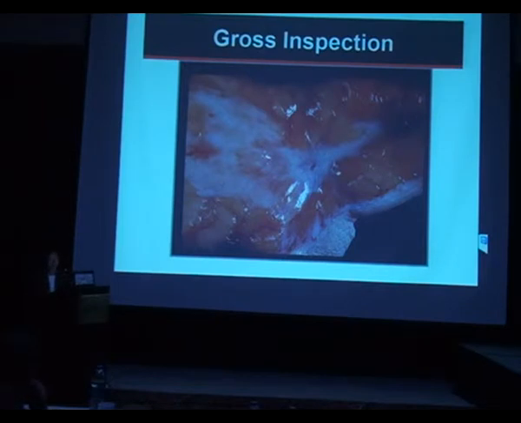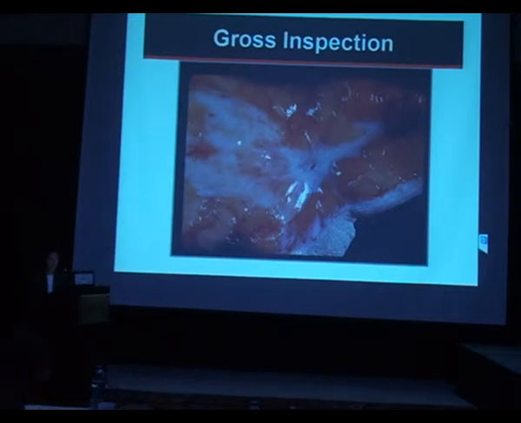In this case, we knew that this was a 3 to 4 centimeter mass on ultrasound, and they described it as having ill-defined margins. And it was an invasive lobular carcinoma on core biopsy.